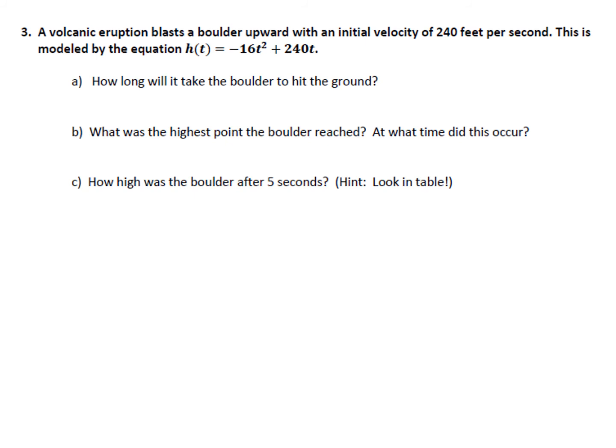So how long? It took the boulder 15 seconds to hit the ground. The highest point the boulder reached, so that was your y coordinate, so that's 900 feet, and it took 7.5 seconds for that to occur.